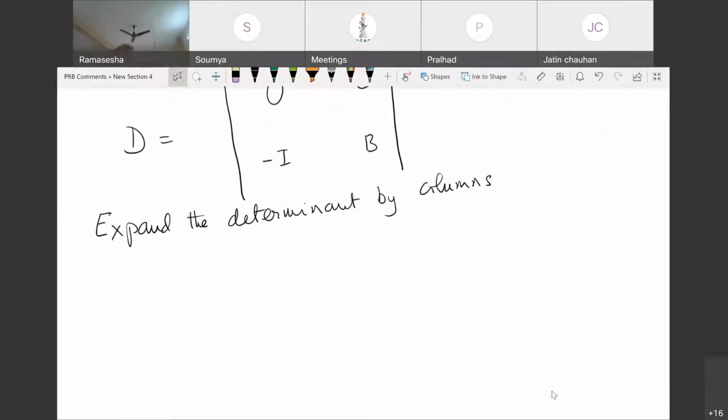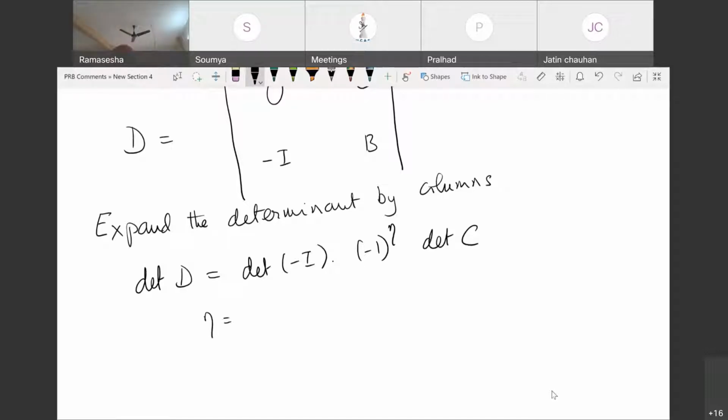Then you'll see that determinant D is equal to determinant of minus I times minus 1 to the power zeta, let me say, times determinant C. And eta is equal to 1 if n is even and equal to 0 if n is odd.